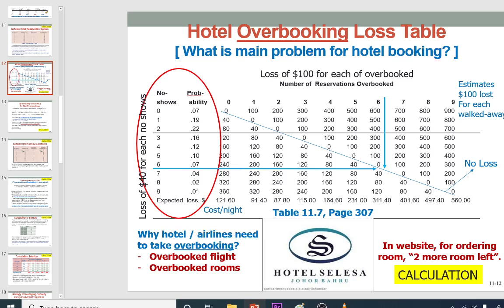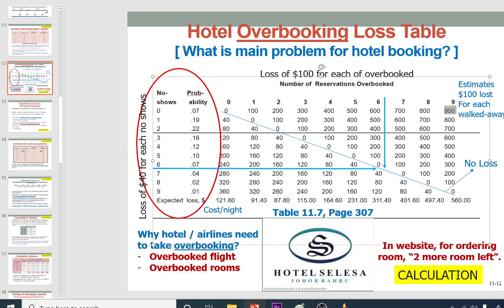Two overbook costs 200, then another 100 becomes 300, 400, 500, and so on, up to 9 walkaway customers contributing a loss of $900.